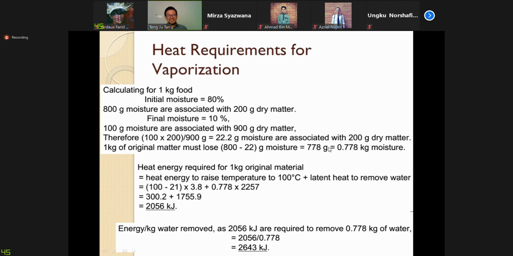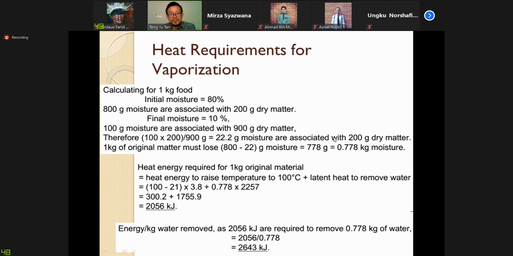Just look again. Calculating for 1 kg of food, 80% initial moisture content means in 1 kg you have 800 grams of water. You want to reduce it to 10% moisture content in the final product. You already calculated that the dry matter will not change; it will always be 200.